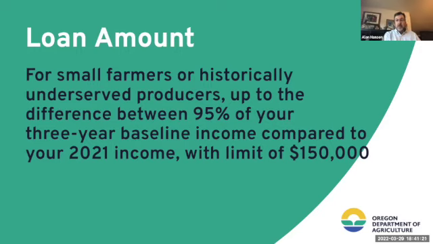Or if you're a historically underserved producer, and there's a federal definition of that, but it includes if you're a new farmer, a veteran, or if you've been historically discriminated against, so that would be a lot of ethnicity issues, then you would qualify for up to 95% of that baseline with a maximum of $150,000. So let's go to the next slide.